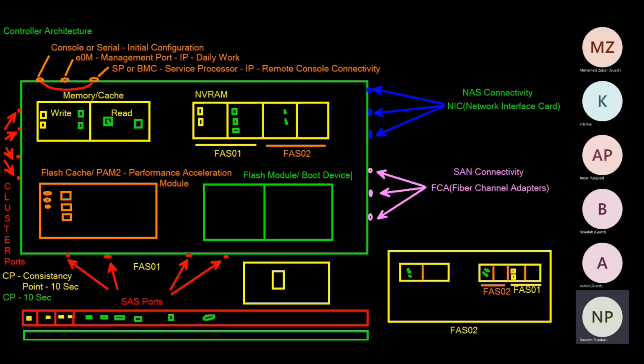Okay, boot device. So what is the purpose of this? We are talking about the operating system, right? Every controller will be loaded with Data ONTAP, or from version 9 onwards it is just ONTAP, the operating system. So the operating system will be stored in this flash module or boot device.